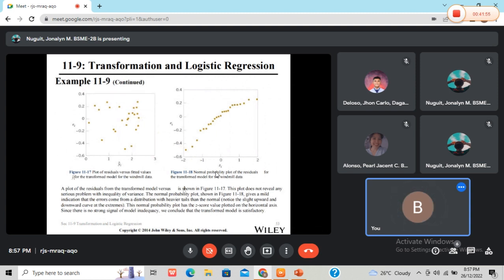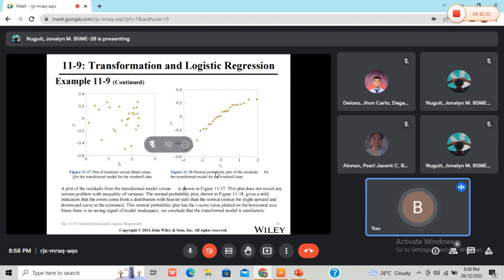Then, as you can see, figure 11-17 is the plot of residuals versus fitted values y hat for the transformed model for the windmill data, and figure 11-18 is the normal probability plot of the residuals for the transformed model for the windmill data. A plot of the residuals from the transformed model versus y hat is shown in figure 11-17. This plot does not reveal any serious problem with inequality of variance.